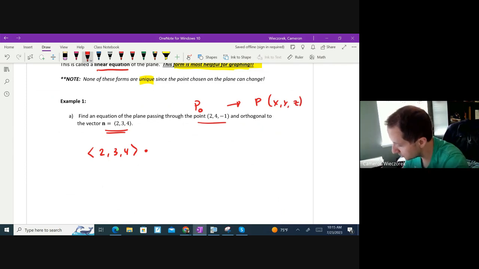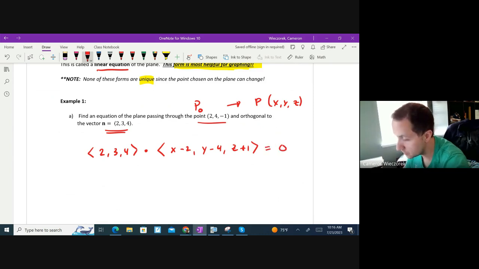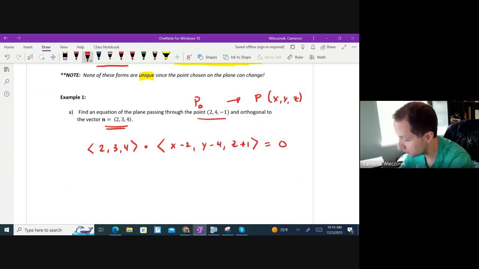So we want the vector P naught P. So we're going to dot this with (x minus 2, y minus 4, and z minus negative 1), so z plus 1. These two vectors that I've written are orthogonal to each other, so that dot product has to be 0. So there's a vector equation of the plane.